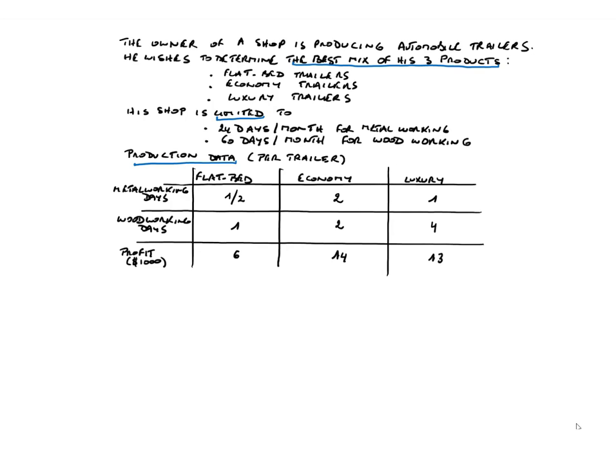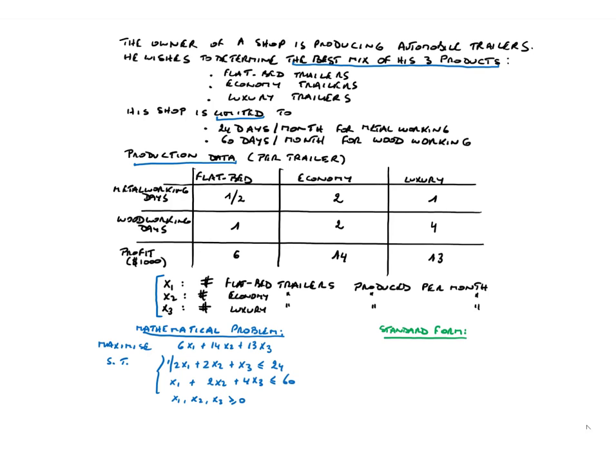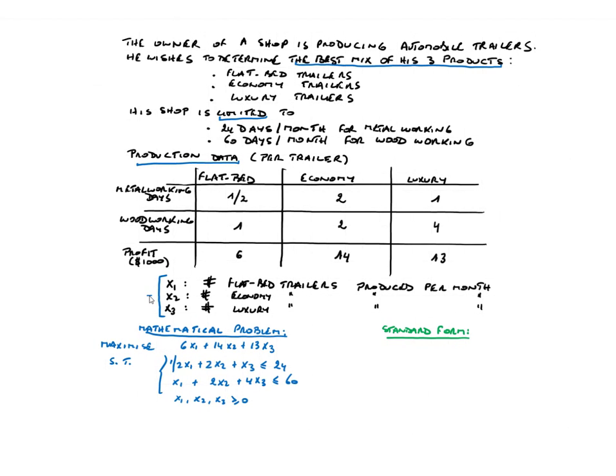Push the pause button and try to do this exercise by yourself. Well, the first thing that you have to do is to introduce variables, and we'll introduce the variables x1, x2, and x3 for the number of flatbed, economy, luxury trailers produced a month.